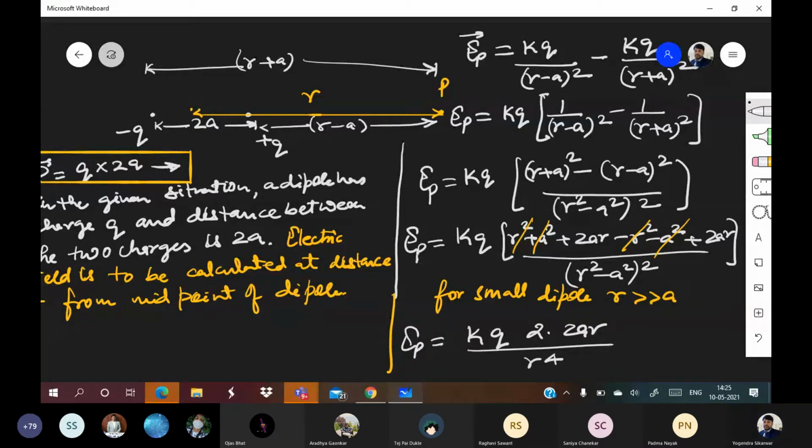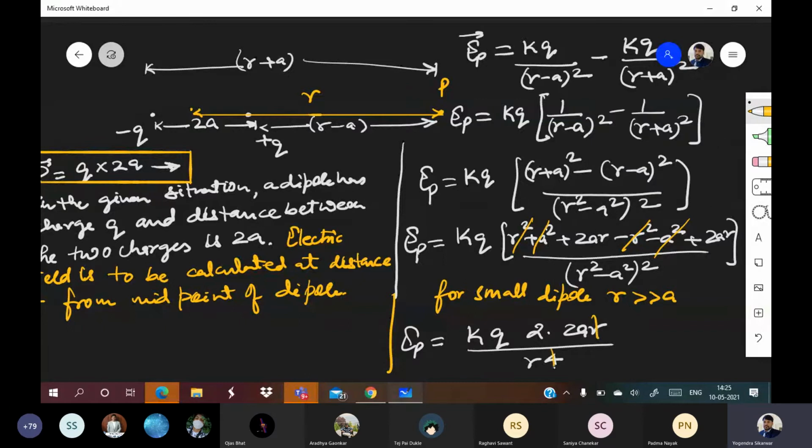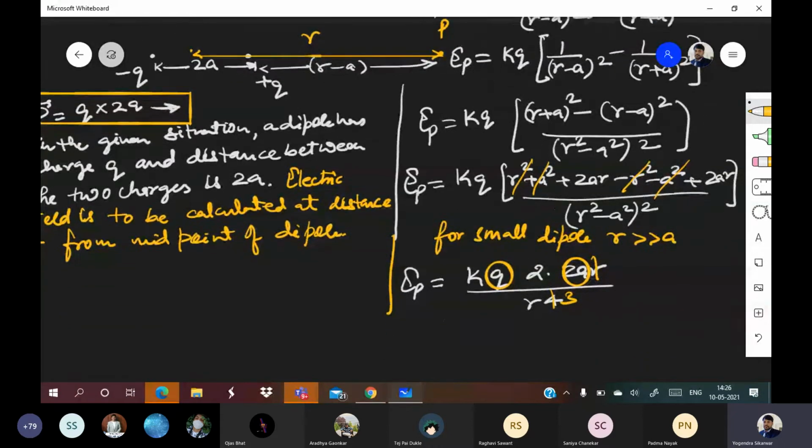Now one r cancels, and this will be r to the power 3, and Q into 2a, this Q and this 2a, this will be p. So EP is equal to 2 into K into p upon r cube.